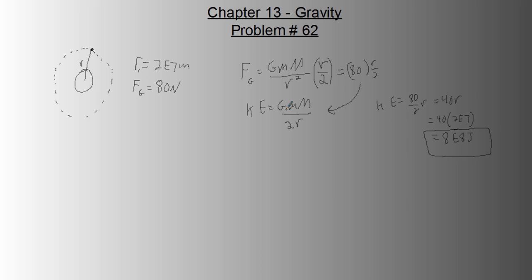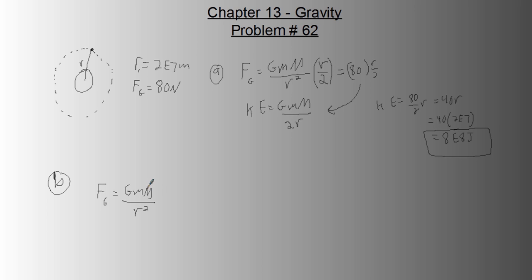So for part B, when we need to find the force if the radius were increased, we're going to do the same thing but kind of in reverse. This is part A here, part B. Alright, so the first thing is that, again, the form of force is GMm over r squared.